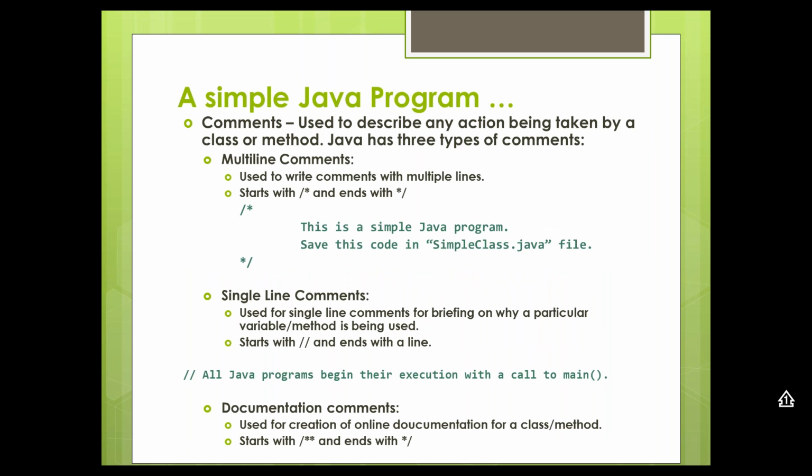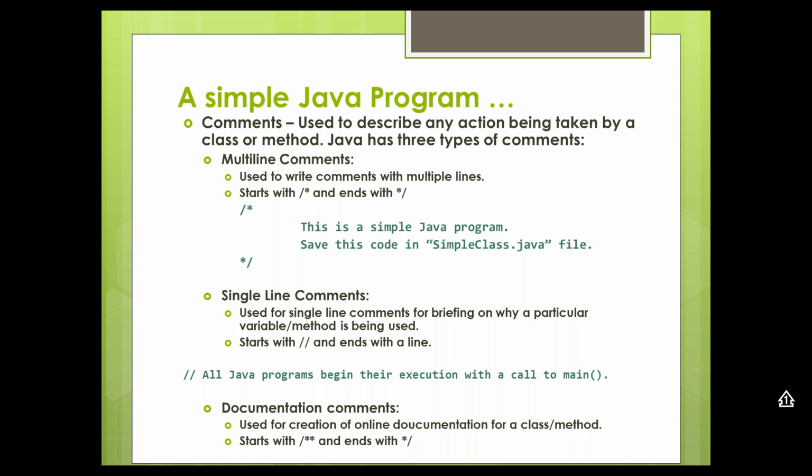So let us understand the very basics of Java program which we saw just now, what are the different elements that are there in that particular simple Java program. Okay. The first and foremost thing is comments. When you write a program, you are not the only one who will be using that program. Say for example, you have written one particular Java program today, and you move out of the company.